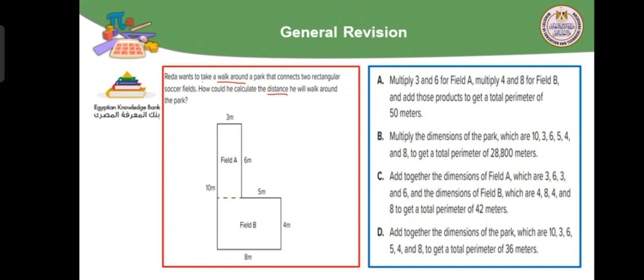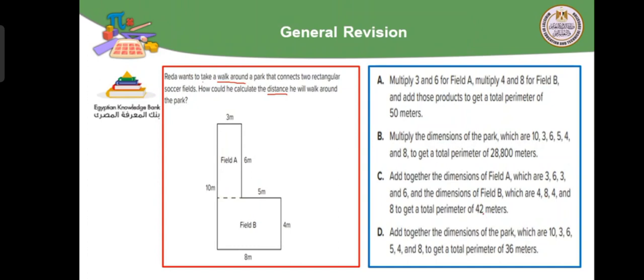Add together the dimensions of field A, which are 3 with 6 with 3 with 6. And the dimensions of field B, which are 4, 8, 4, and 8, to get the total perimeter 42.